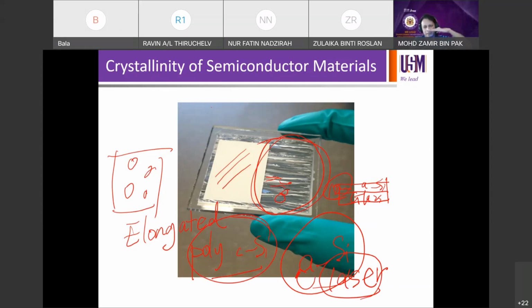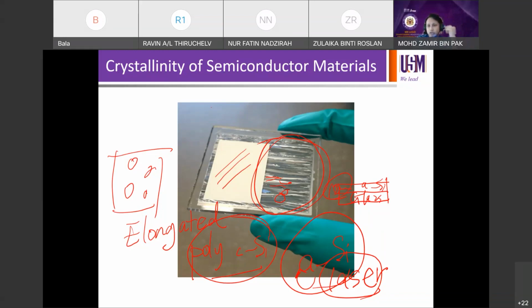They scan the laser beam and it melts the amorphous silicon, and after the laser has passed through, the melted amorphous silicon will recrystallize and turn into polycrystalline silicon through a process that we call the crystallization process. We're going to learn that later on.